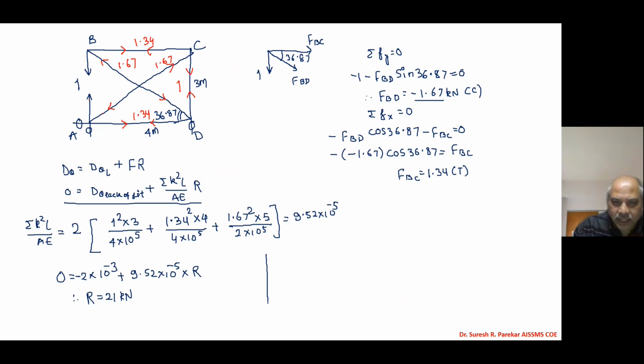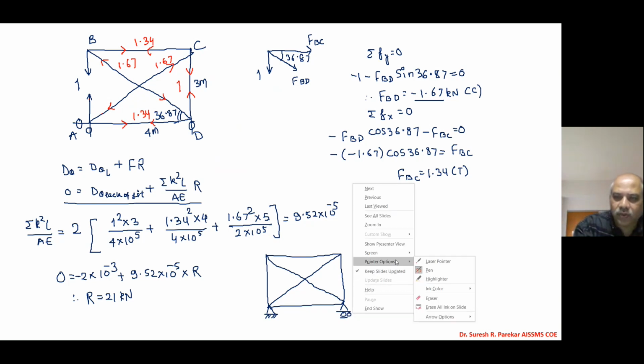And now if we want to find the forces in the members, then I will make that truss and write the forces in the members. So we have these as diagonals, and here we have a simple support and here we have a roller support. Now in AB, we have 21 kilonewtons.